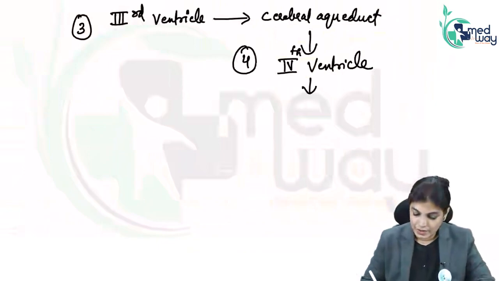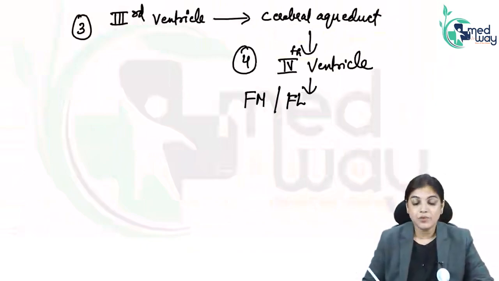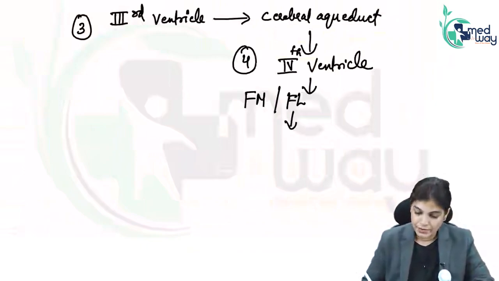In the fourth ventricle there is the foramen of Magendie and the foramen of Luschka, FL for foramen of Luschka and FM for foramen of Magendie, and it will reach the cerebromedullary cistern.